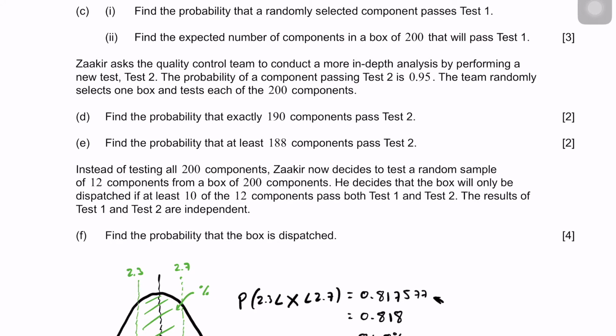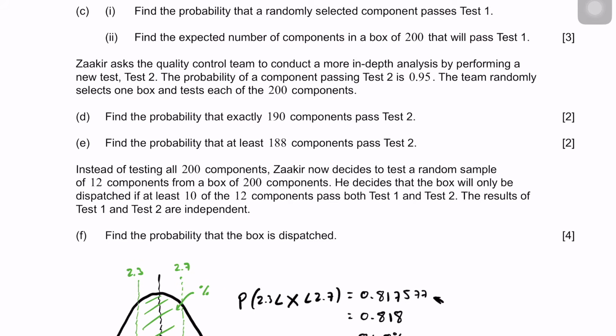So in this case, we have a set number of trials. We're going to test 200 components. We have a probability of success. We have the number of successes, and although it doesn't state it directly, we can infer that the probability of one component passing the test is independent of the other. That is to say, if one of these 200 components fails, it doesn't make it more or less likely that the next one is going to pass or fail.